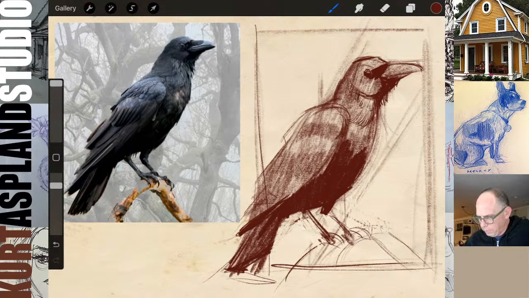Not really thinking of feathers, I'm just thinking of value here. Just keep adding more value.